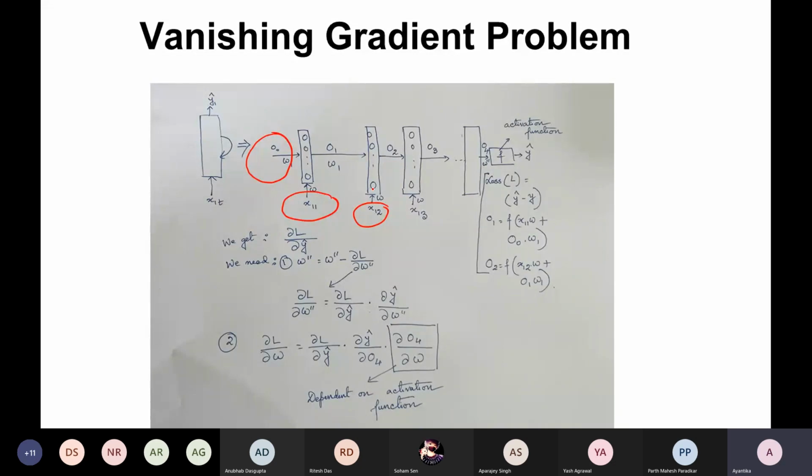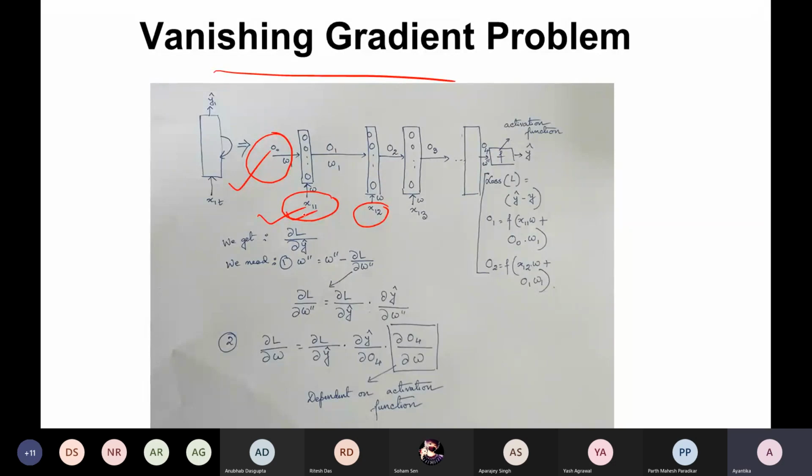But if you remove this concept of temporal inputs, whatever we are going to discuss now about the vanishing gradient problem will still hold good. So we are thinking of a network where we get outputs from the previous layer, and also some temporal inputs.